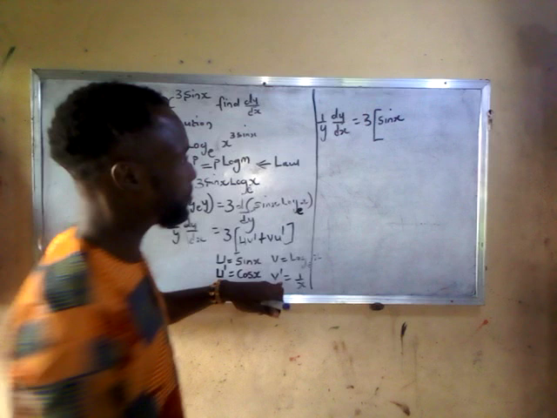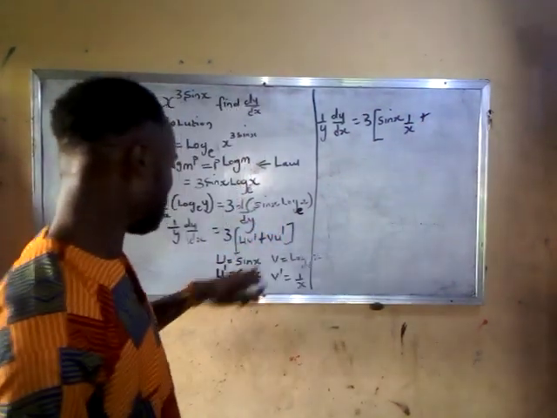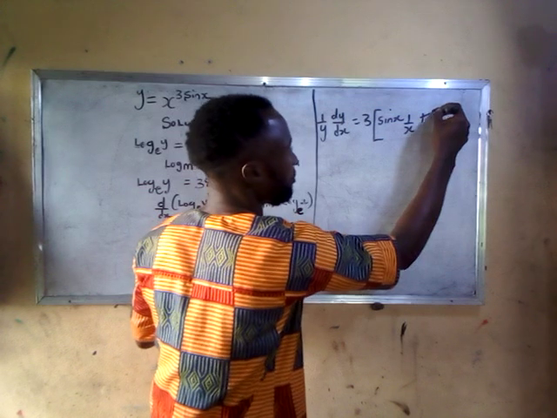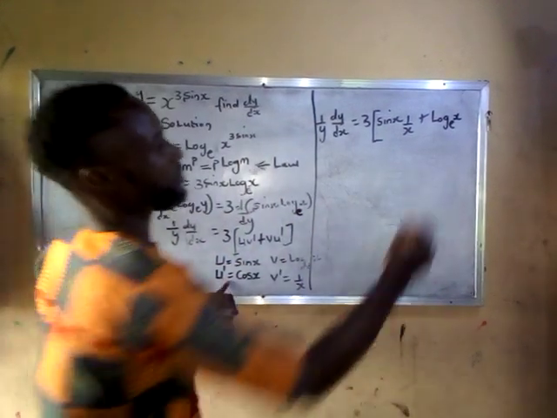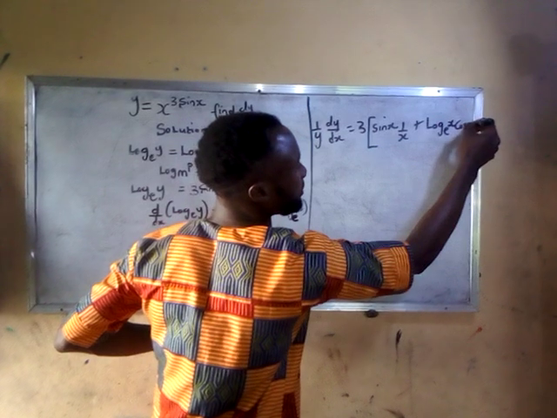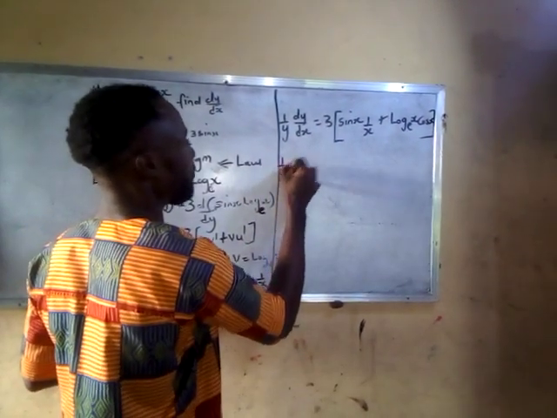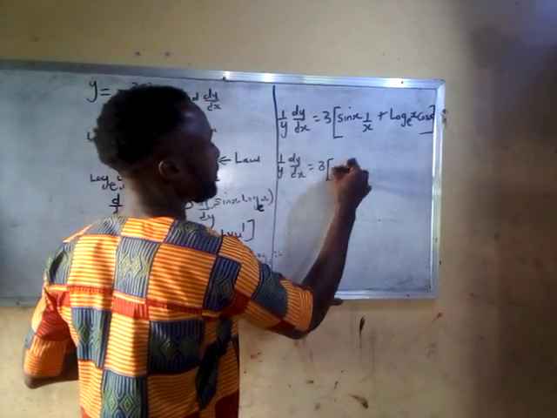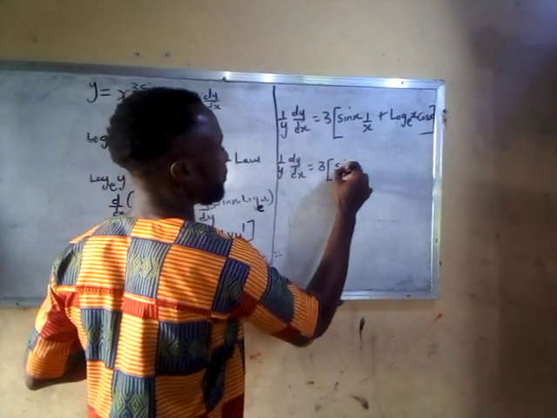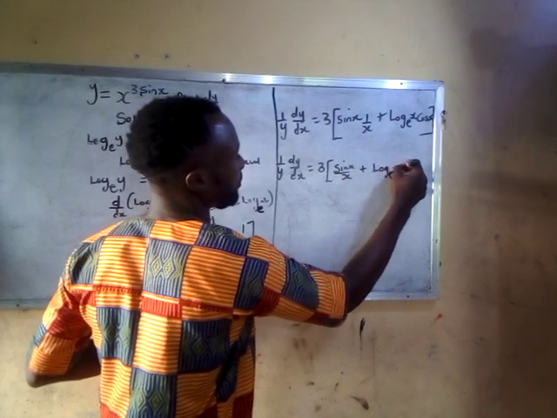Look at my v prime here: 1 all over x, plus my v, which is the natural log of x, and my u prime, which is cos x. So this is the same thing as writing 1 all over y dy/dx is equal to 3 into sine x all over x plus ln x cos x.